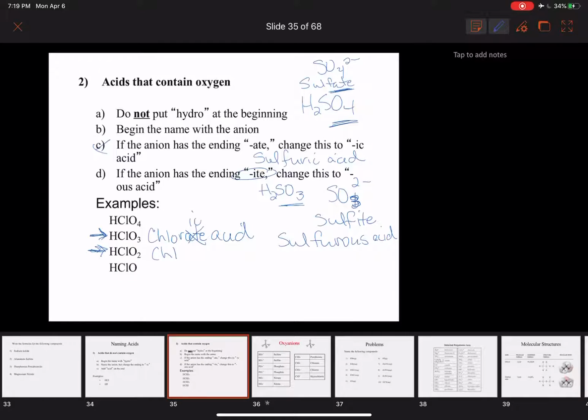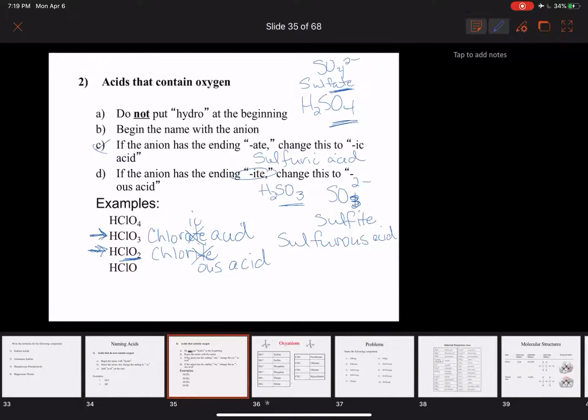And for this one, the anion ClO2 minus is chlorite. So we change that to us and we put acid on the end. So HClO3 is chloric acid and HClO2 is chlorous acid.